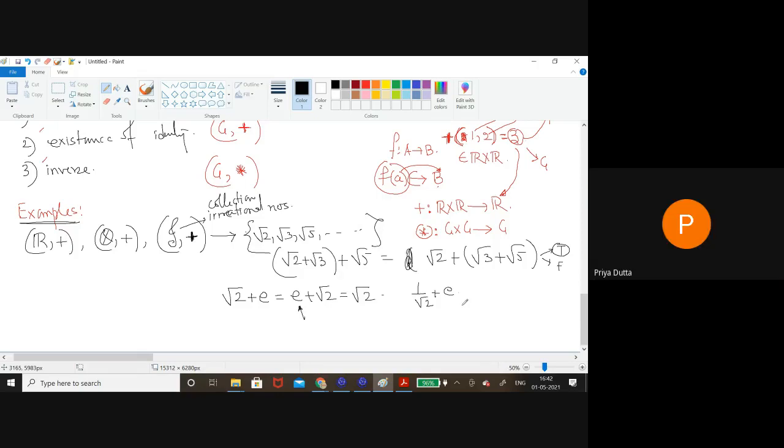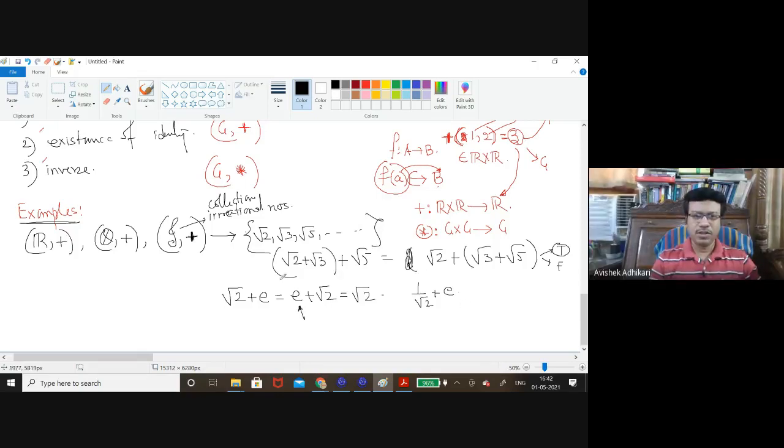No. So 0 is a rational number, so 0 is not within this set. Not only that, since root 2 is there, minus root 2 must be there if I consider addition, because its inverse should also be there. And if you add them up, you will again get 0. So 0 is not within that set of irrational numbers.